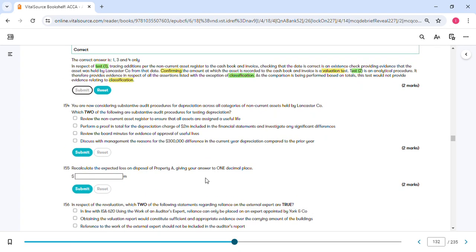You are now considering substantive procedures for depreciation across all categories of non-current assets held by the Lancaster.